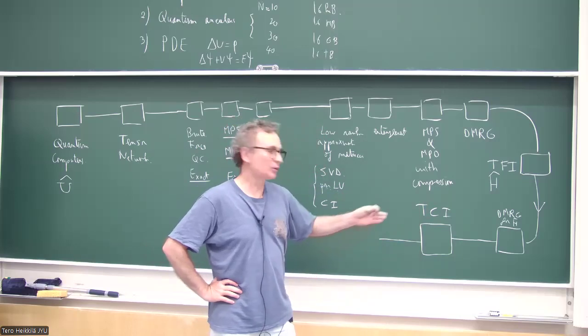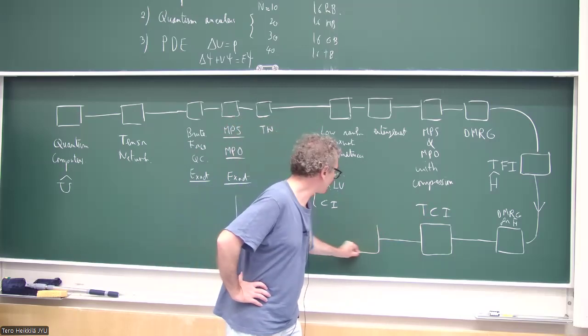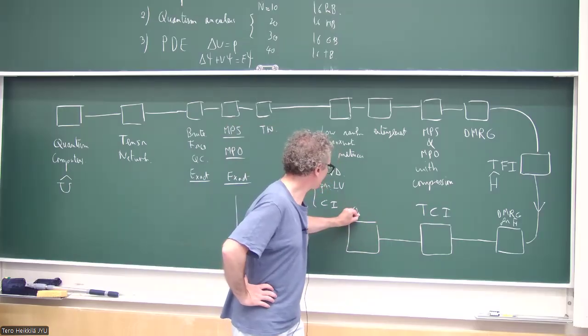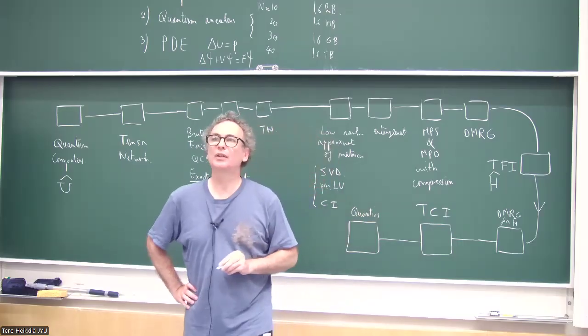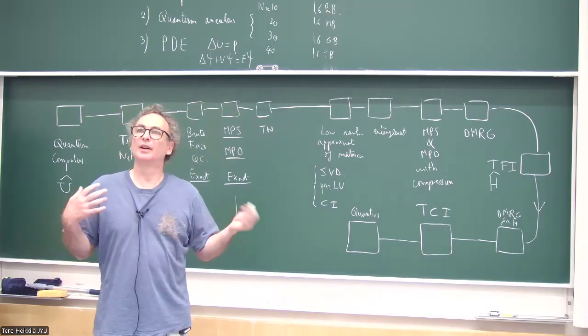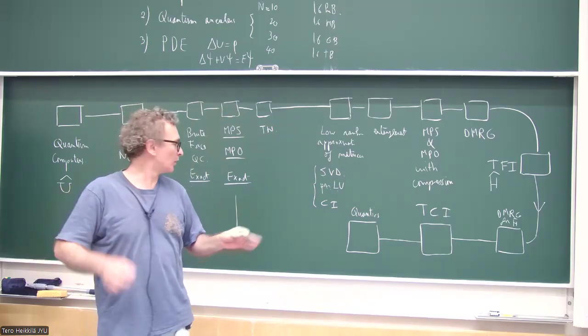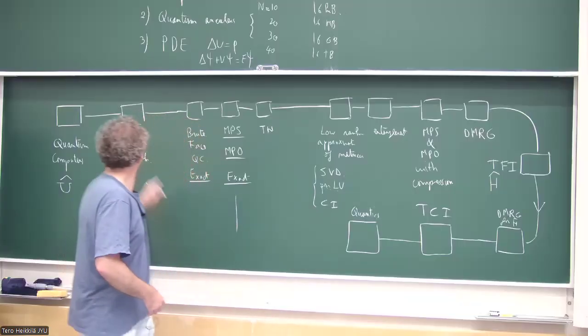So I want to use it to solve a partial differential equation. I will introduce something called quantics, which is how to essentially represent functions with tensor networks. Very simple, you will see. There will be some link with the beginning.